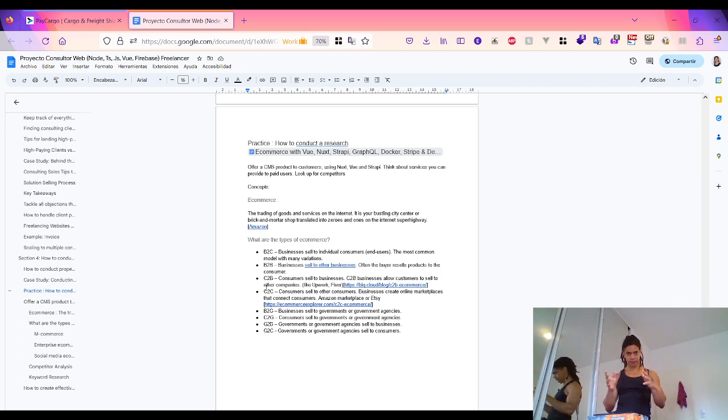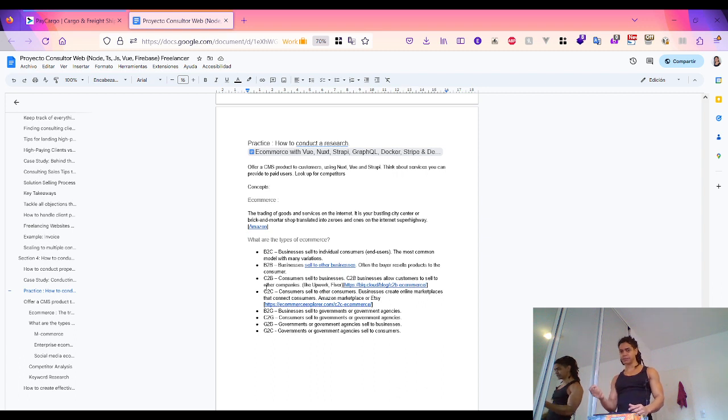A quick recap: you have business to consumer, the most widely used business model, such as online retailers like Amazon, Walmart, Target in the US, digital marketplaces like Etsy, eBay, subscription services such as Netflix, Spotify, online travel and booking like Booking.com, Airbnb, and Expedia, and food ordering and delivery services like Grubhub, specifically in the US, DoorDash or Uber Eats.